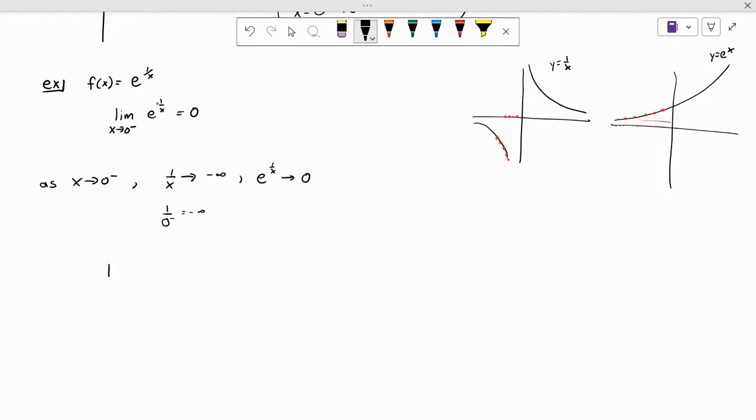All right, let's follow a similar thought process. Let x approach 0, but this time from the right. So x is slightly positive. What can we say about 1 over x? As x approaches 0 from the right, it looks like the y values on this graph of 1 over x go to positive infinity.